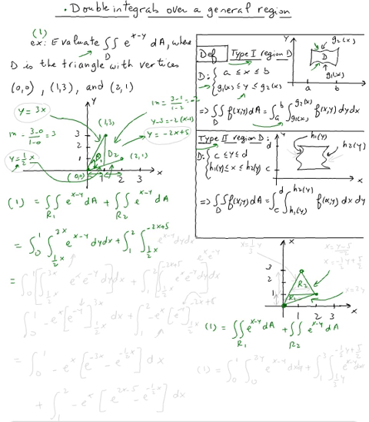Now remember, we're going to use type 2, so we want to go from the left graph to the right graph. So we need this equation, which is the same one, except now we need to solve for x. In our case, this was y equals 3x. Now if we solve for x, it will be x equals 1 over 3 y.